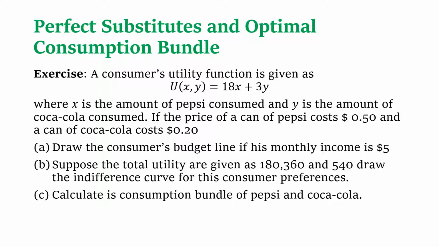Here, it is simple. All we need to do is to express y in terms of x. So if we have 0.5x plus 0.2y equals 5, we can make either x a function of y or y a function of x.